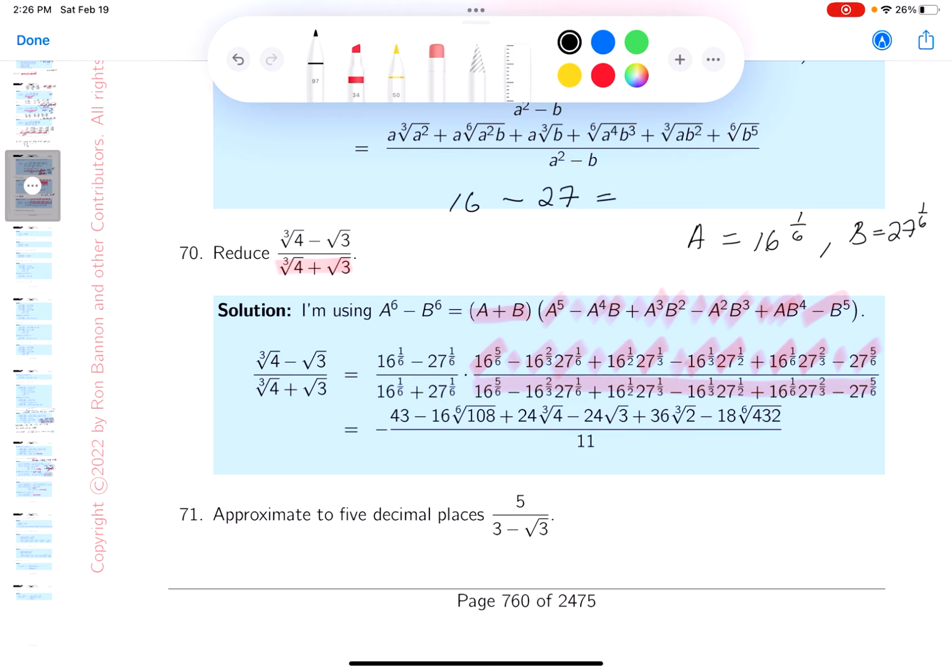And what would that give me? That would give me minus 11. Now, I want to point out what they did over here. The 11, and they put the minus sign over here, which is typical. You don't want negative numbers in the bottom.